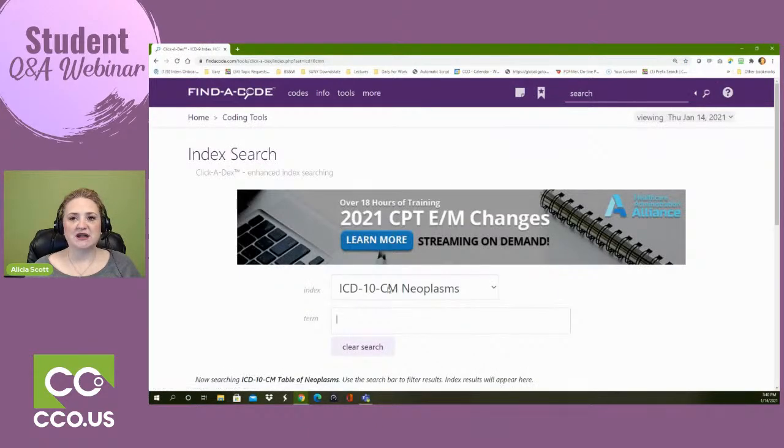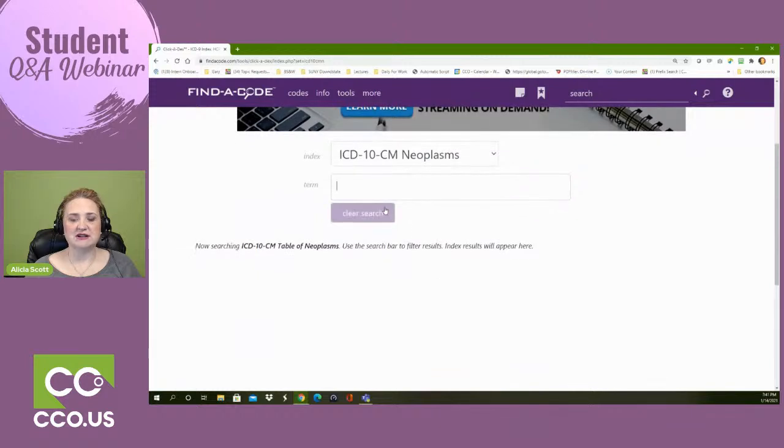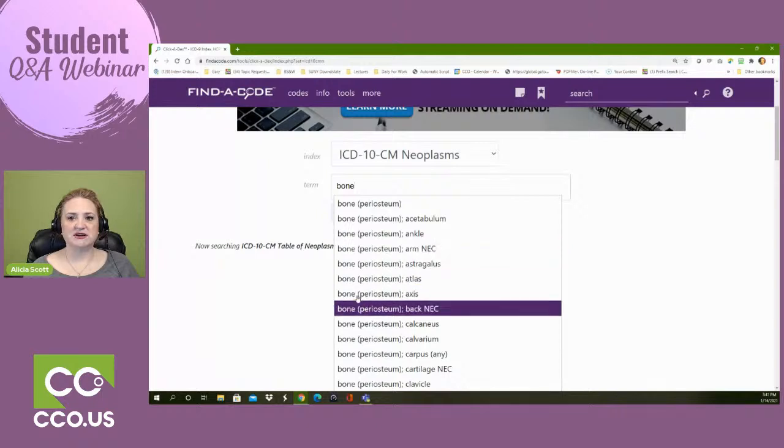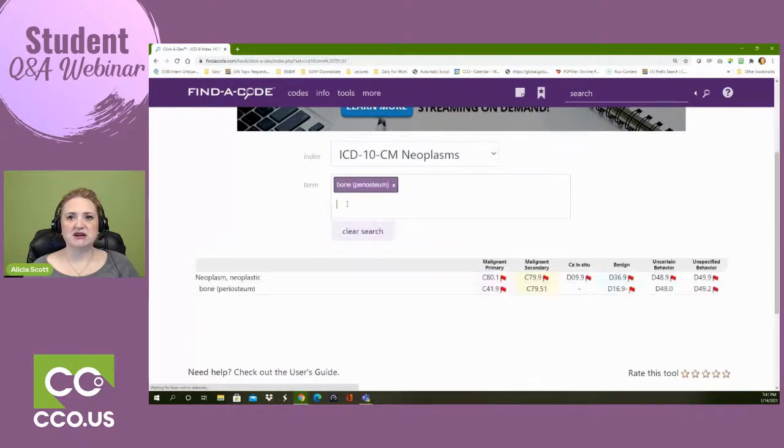And so it's telling me now I'm going to be referencing the neoplasm table, and I'm just going to type in bone. And I don't want a particular area of bone, so I'm just going to pick bone in general. So I have two choices. I have bone, periosteum, and neoplasm, neoplastic.